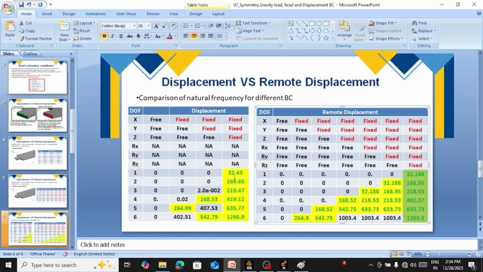It cannot move in the y and z directions similarly. Here we can see these values are exactly matching, or very close: 264.99, 264.9, 168.53, 168.52. So we can get the same result from the displacement boundary condition and the remote displacement boundary condition, but not always.